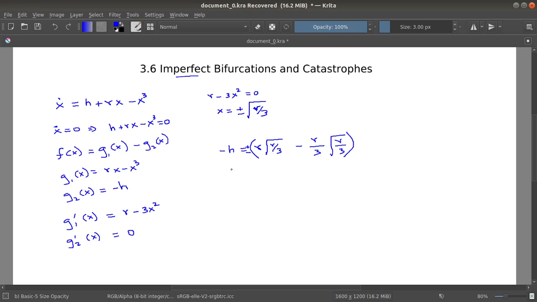Or instead what I could do is write whatever is inside the bracket as modulus of h, so that I could consider both plus and minus, which is equal to r, or let me simplify this, so 2r by 3 into root r by 3.